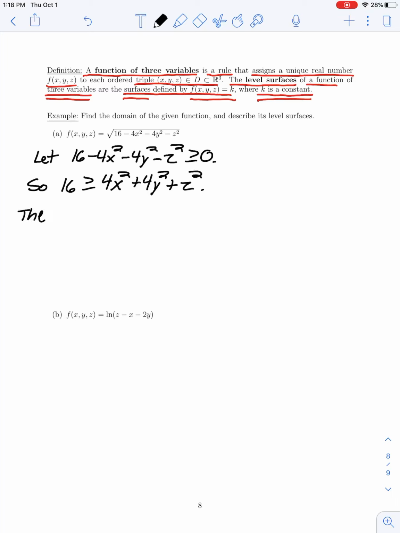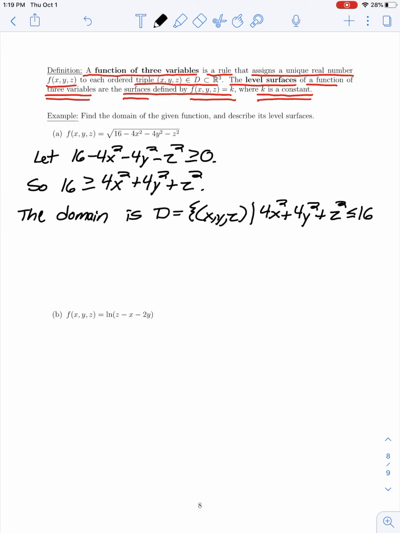So we could say the domain is the set D of points in space of the form x, y, z such that this inequality holds. 4x squared plus 4y squared plus z squared has to be less than or equal to 16.